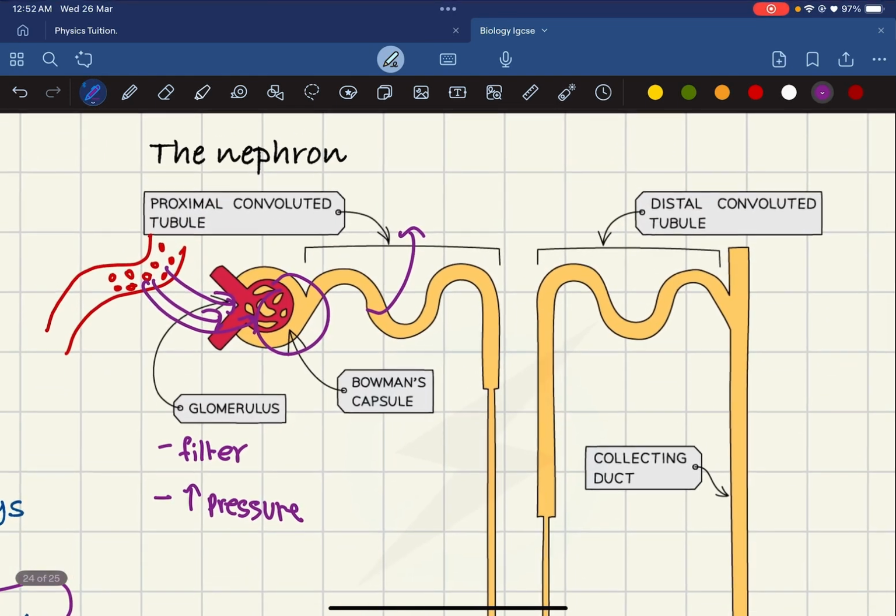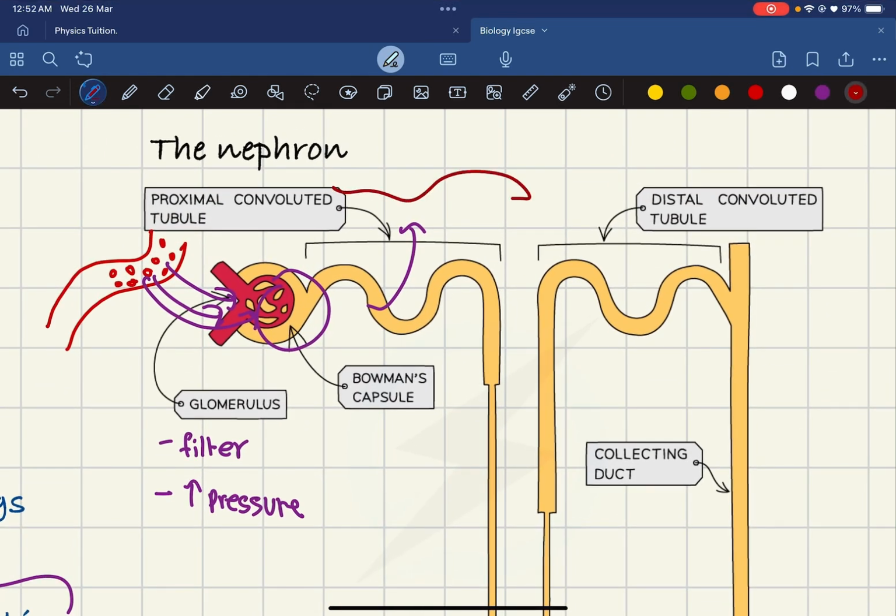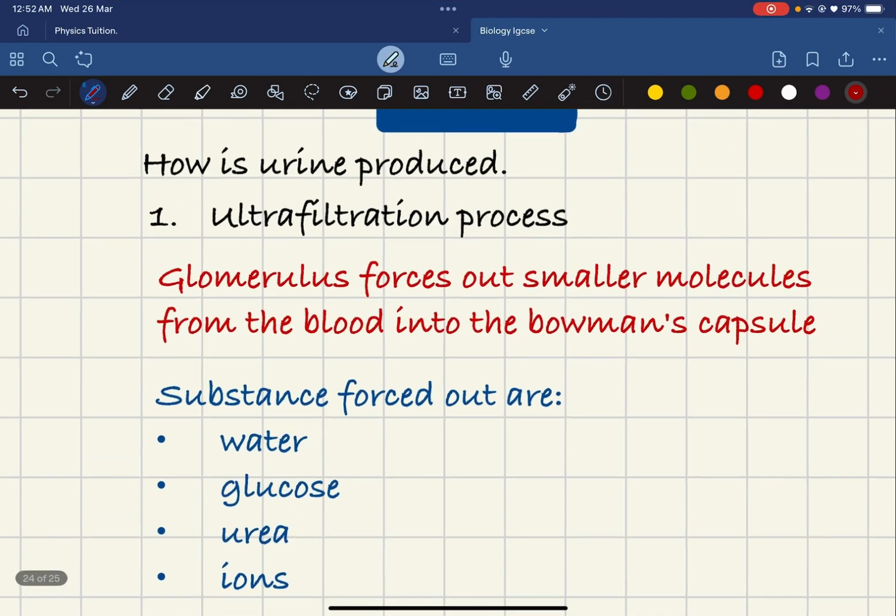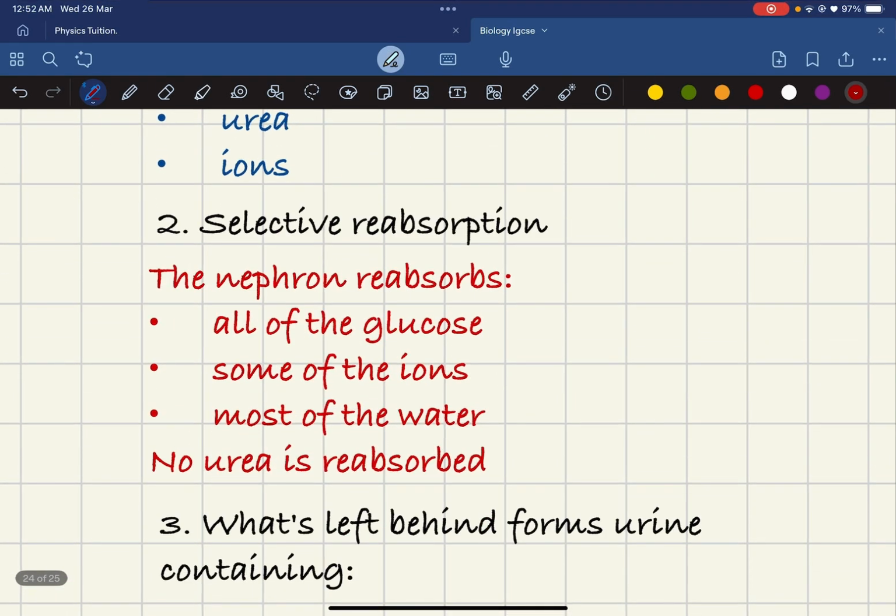Now all of the glucose will be reabsorbed back into your bloodstream over here because your body needs glucose, okay? Glucose is a form of energy, so your body needs a lot of glucose. So all of the glucose is now sent back into the blood because it is needed by the body, okay?